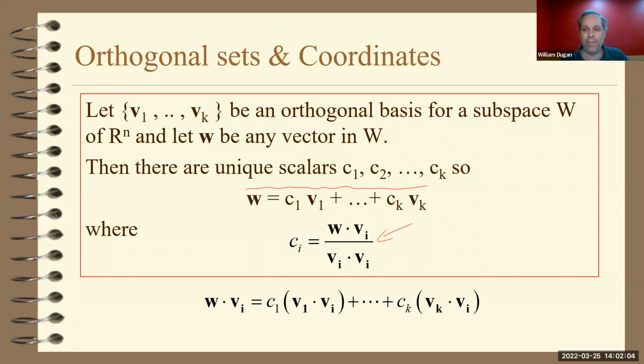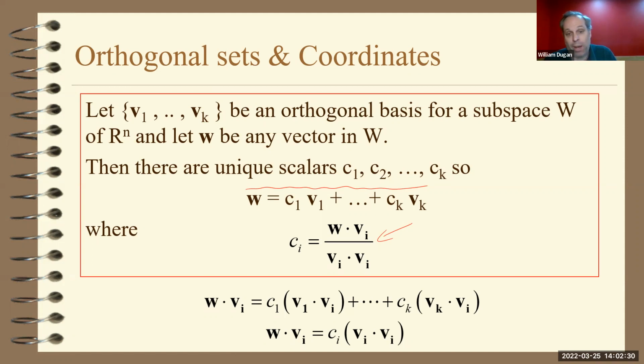So the only one that matters is the ith term of that sum, which is Ci times Vi dotted with Vi. If you look at that equation and just divide by the dot product of Vi with Vi, you get the result right away. This is fantastic, because normally to find coordinates we have to solve a system of equations, and it's a pain. Here, we don't have to.